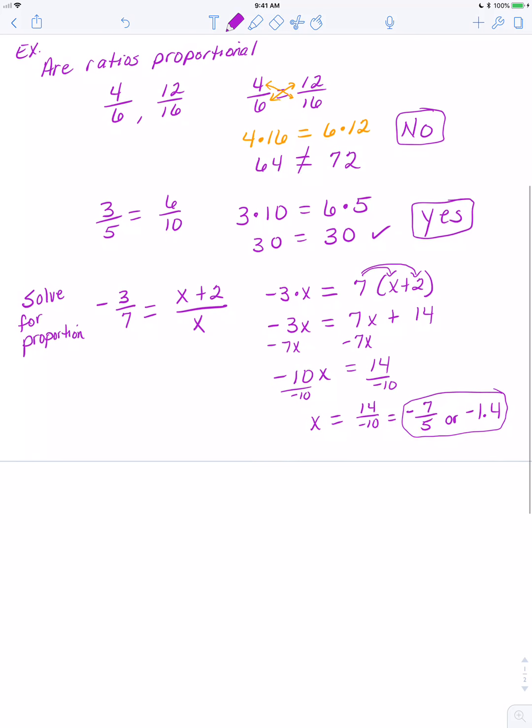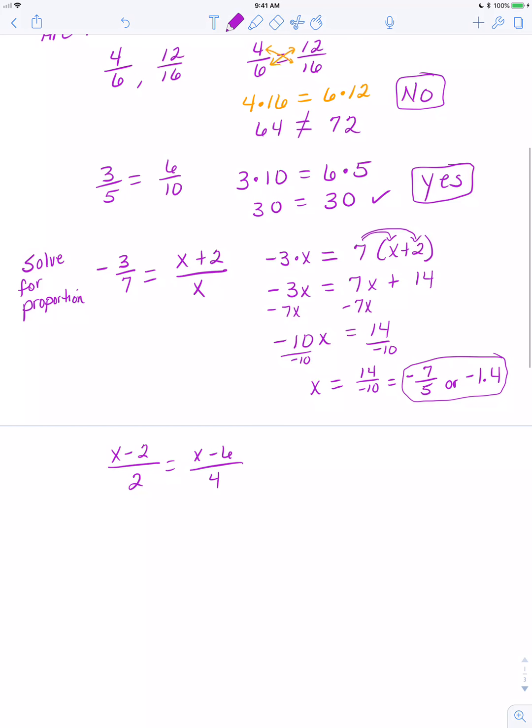Okay, let's do another one like that, where we're having to solve. What if we have x minus 2 over 2 that's equal to x minus 6 over 4? Okay, well, again, we're just going to cross multiply. So we have 2 times the x minus 6 equals 4 times the x minus 2.